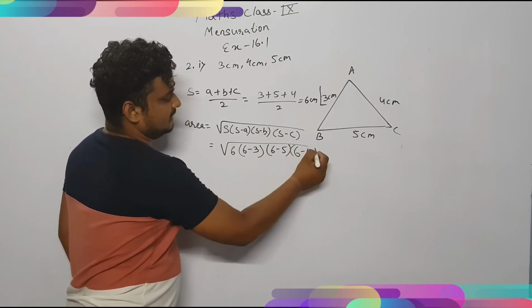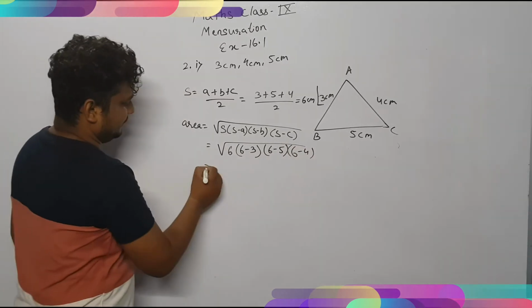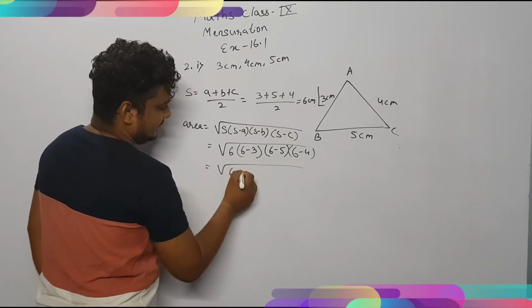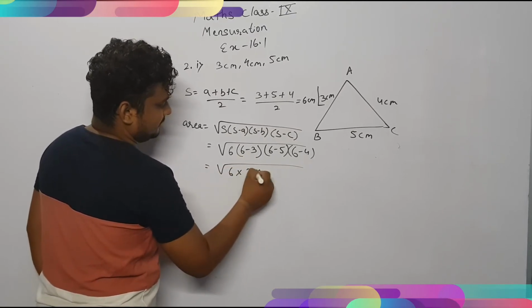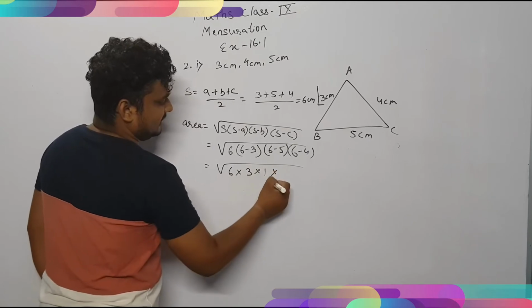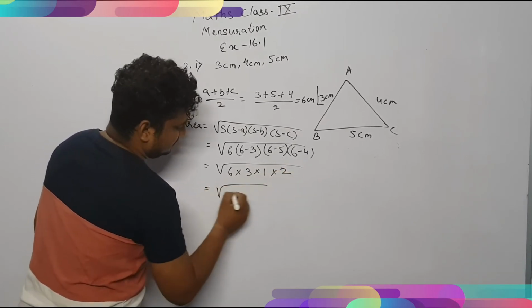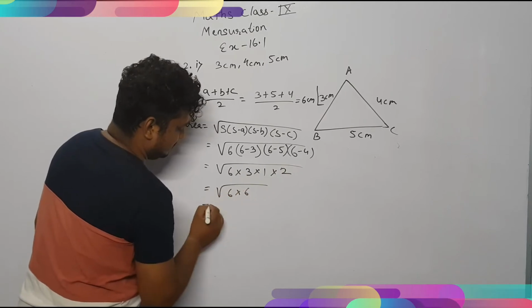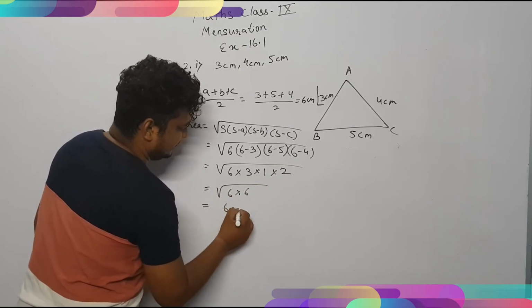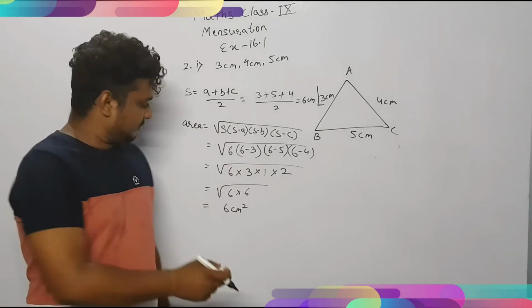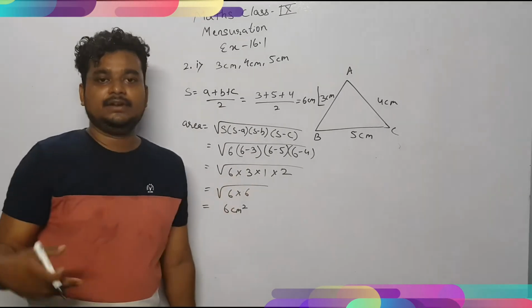Clear with this? Now 6 minus 3 will be equal to 3, 6 minus 5 equals 1, and 6 minus 4 equals 2. No problem with this. So 6 into 6, that is 6 centimeter square. So the area of this particular question, the solution we have got, is 6 centimeter square.